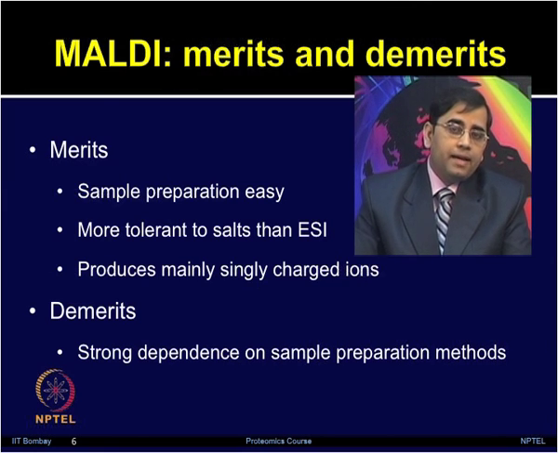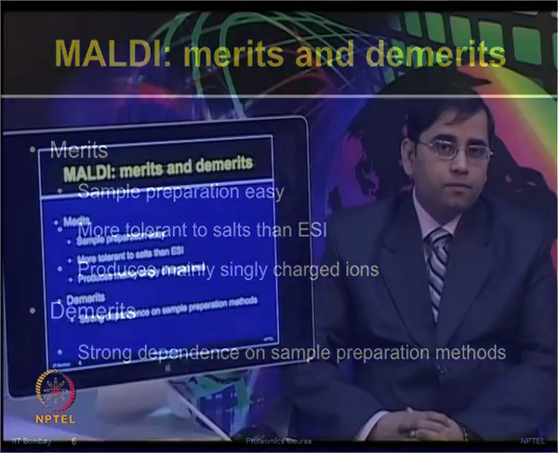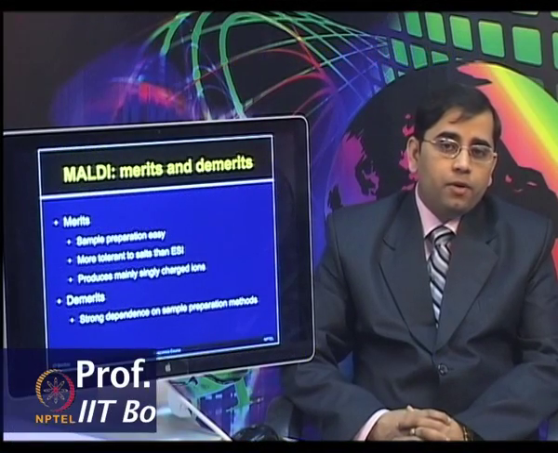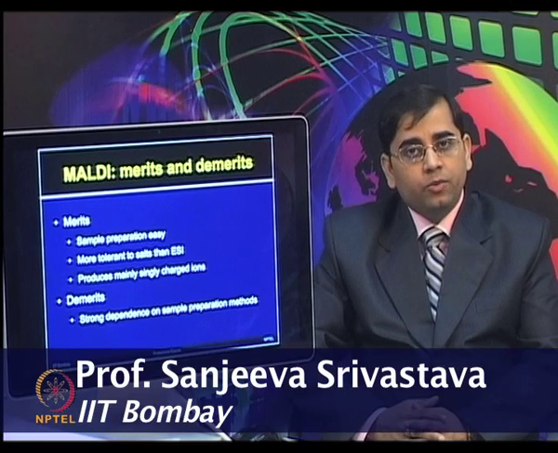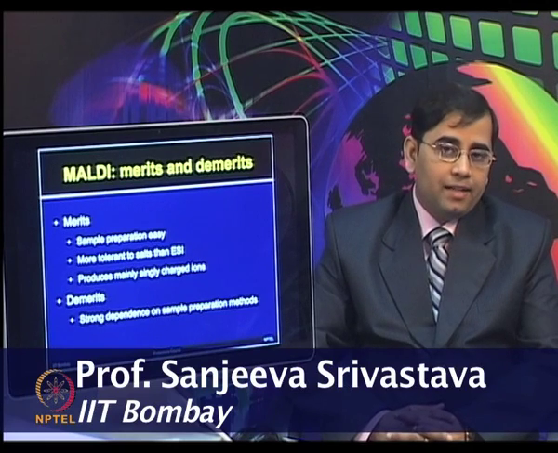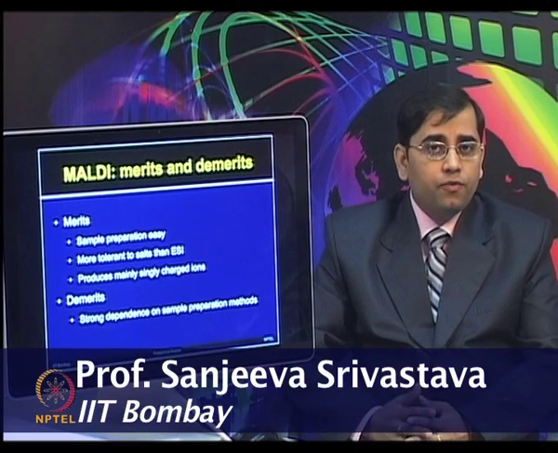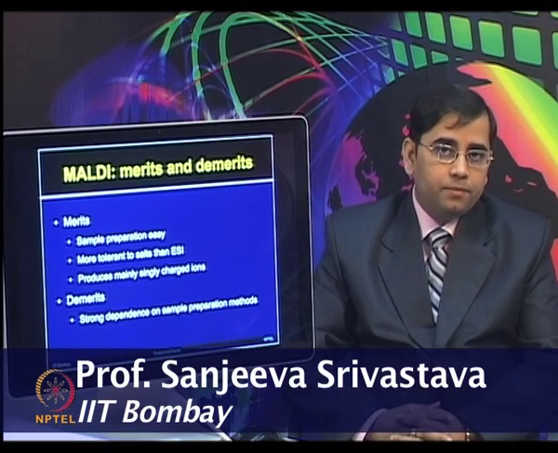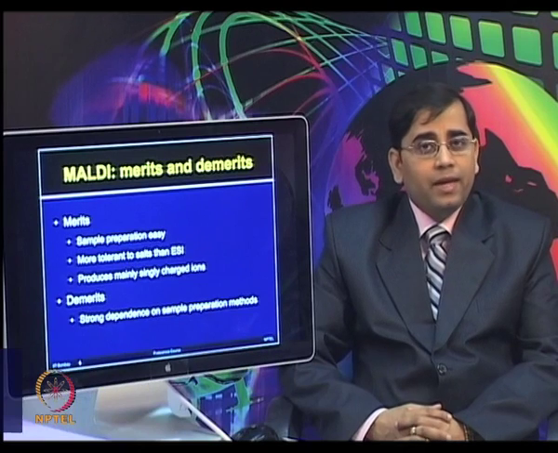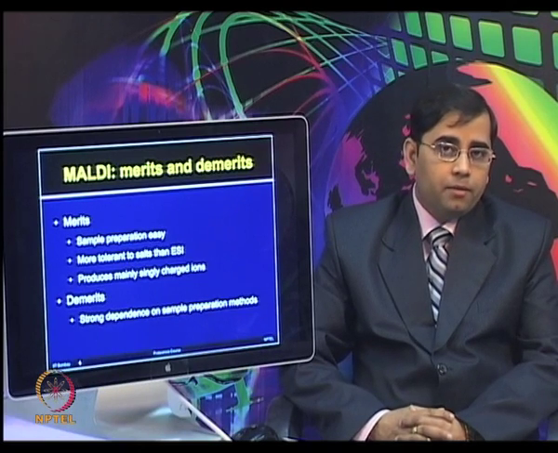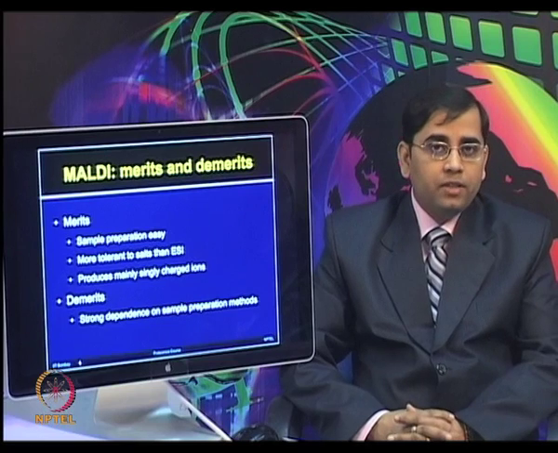The single charge can result in some molecules having large mass to charge values. Therefore, MALDI is typically integrated with TOF mass analyzers, which can provide the m/z range for the large ions as well. Now, these are various merits of using MALDI. Obviously, it has to be connected with the TOF.